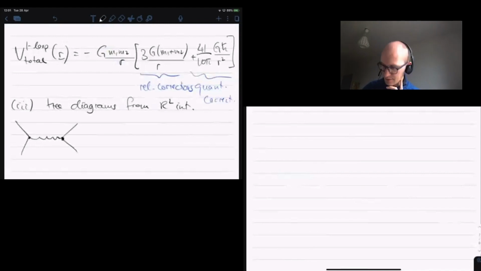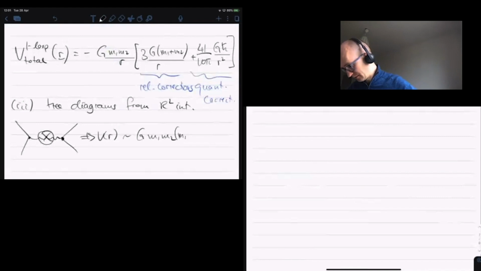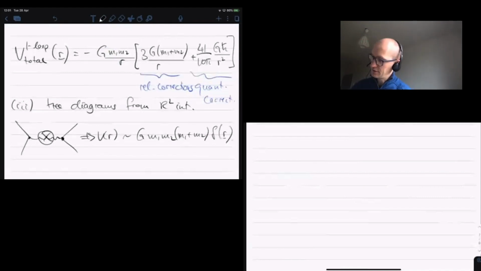Okay, and I put some symbol like this, so I'm using the 3 diagram from the R squared interaction. This gives me a contribution to the potential, which goes like G M1 M2 times M1 plus M2 times the delta of R. Okay, and so the point is that this is extremely short-ranged.